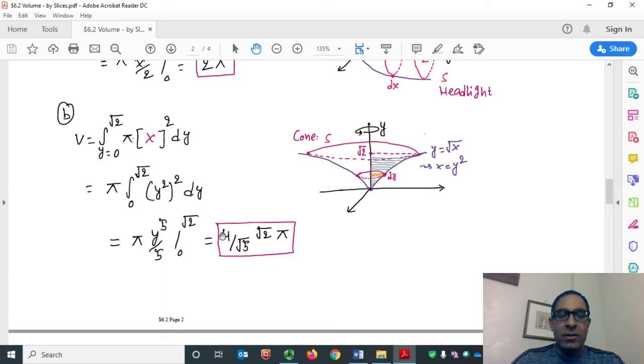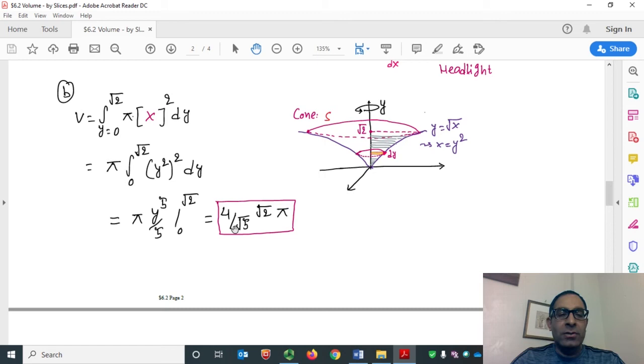Radical 2 to the power 5 is 4 times radical 2, over 5, times pi.